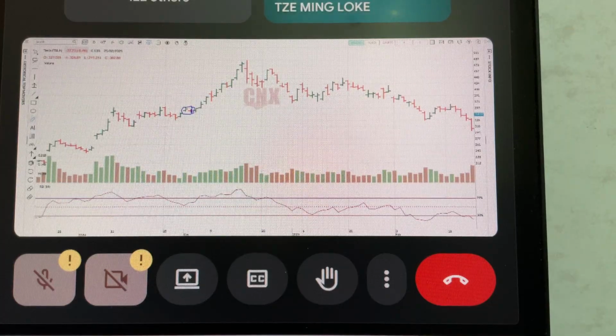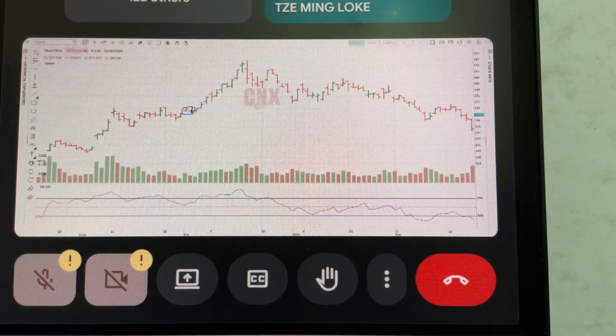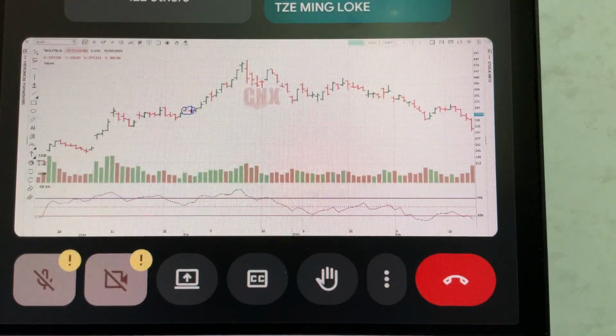Let's say this is 100, this is 110, this is 120, this is 130, and then 90, 80. Let's say today's price is 100. So what you do is you put a 0 there.